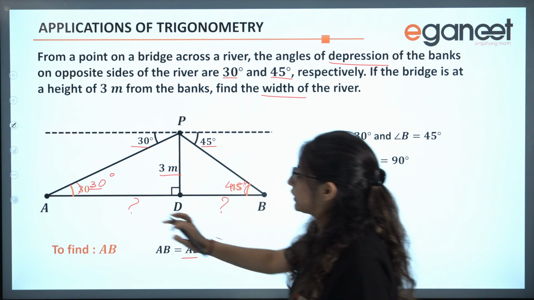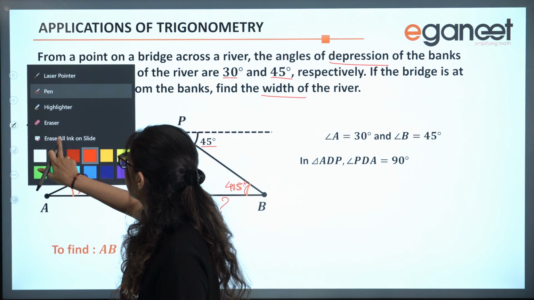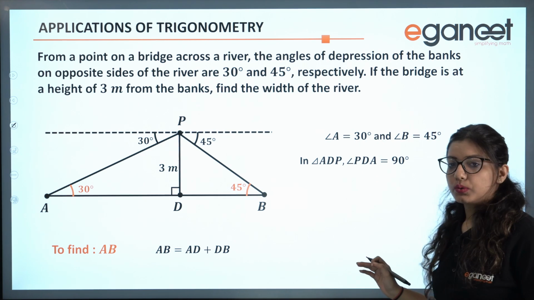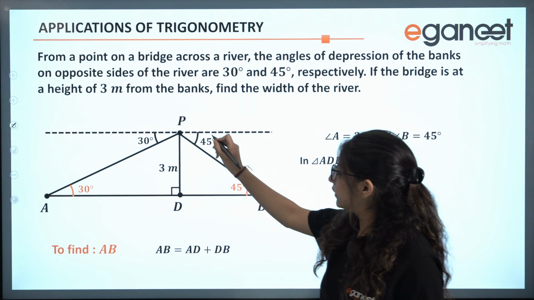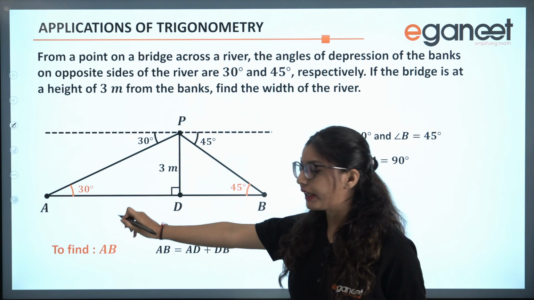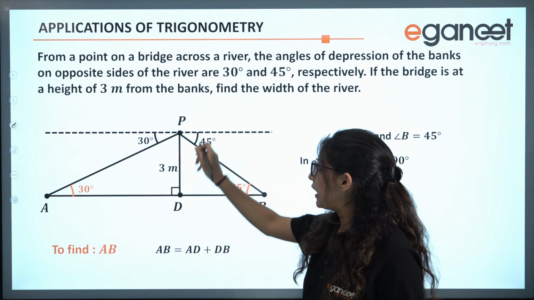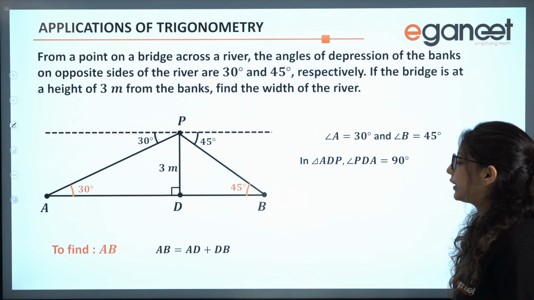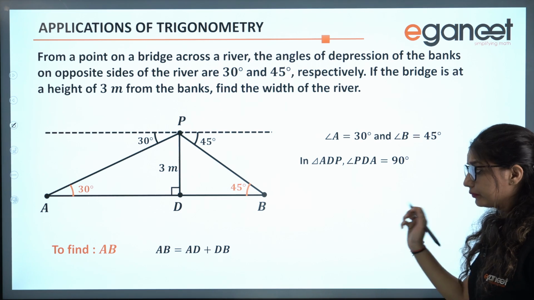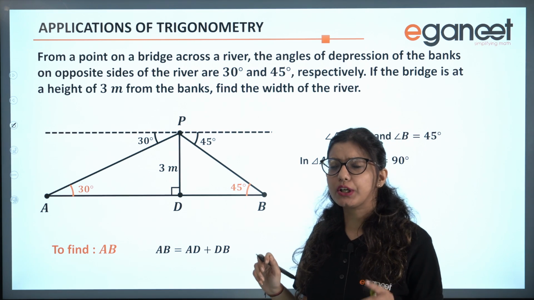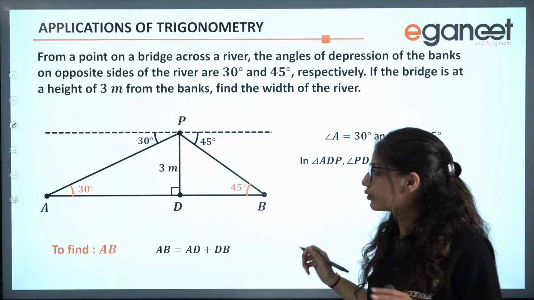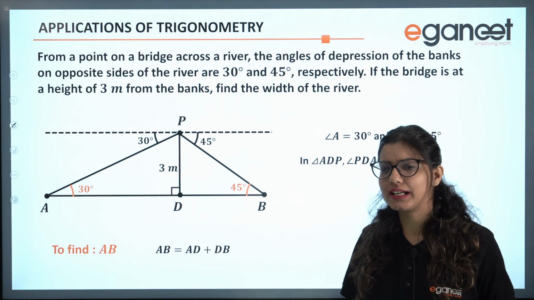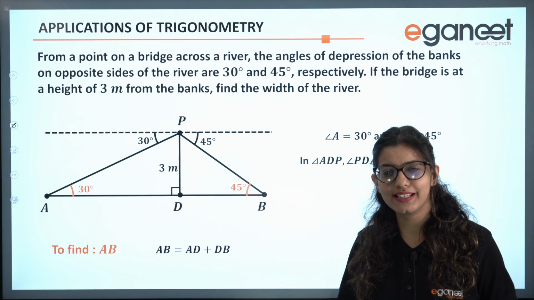Okay, so here we have noticed that we have a right angle triangle PDA, right, and here angle PDA is 90 degrees, right. Now see, you just need to recall that trigonometric ratio which is going to help us to find AD here. Yes, can you tell me that? Do you want a hint?